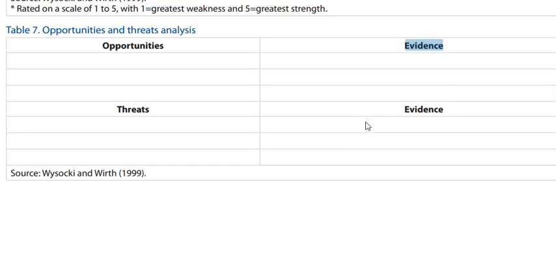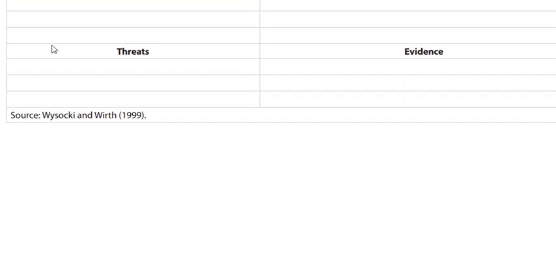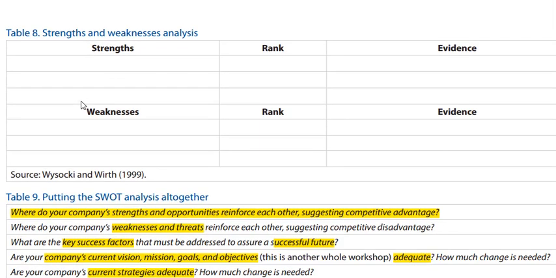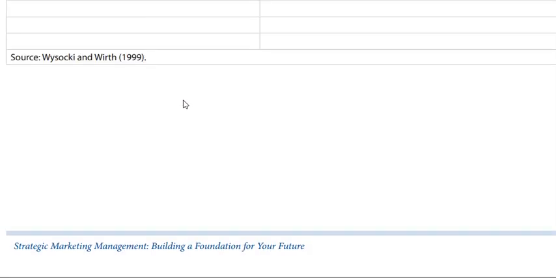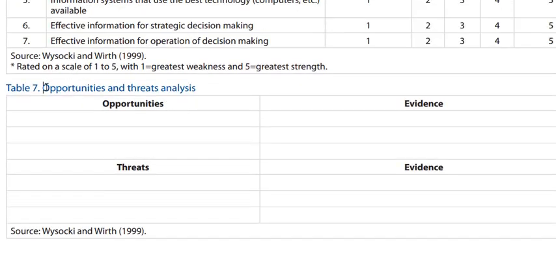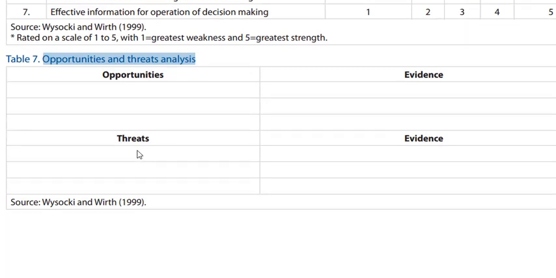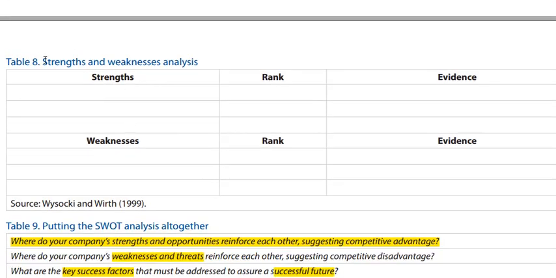After completion of table number 7, we move on to table number 8. Table number 8 is strengths and weaknesses. As opportunities and threats in table number 7 were internal, these strengths and weaknesses are external to the organization.